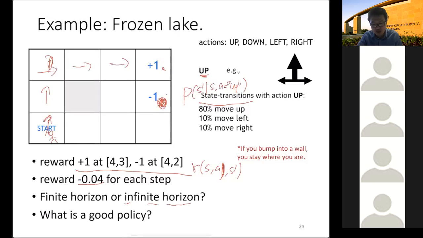So maybe you will go here. These arrows on every grid indicate the corresponding policy that this agent takes. Then we can evaluate each policy based on the specified reward and transition probability and calculate everything using the formula that we specified earlier.